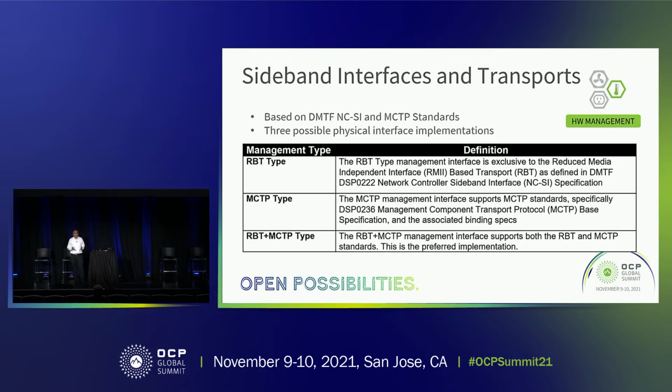It has standardized a couple of management transports. One is based on RMII. This is a sideband interface which is derived from RMII and standardized by DMTF. What that allows is that a BMC can have a point-to-point connection with the NIC through that interface, and the transport is based on Ethernet frames and the control traffic that is defined on top of that.